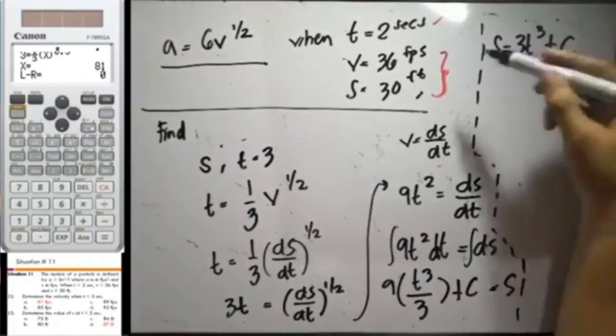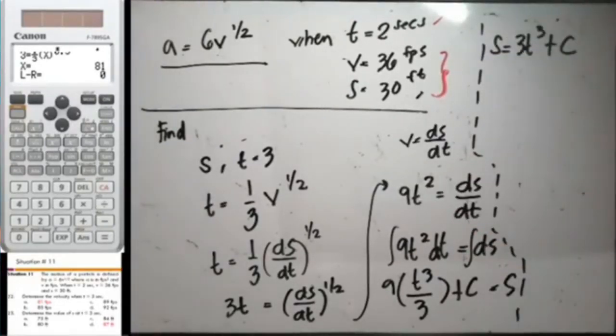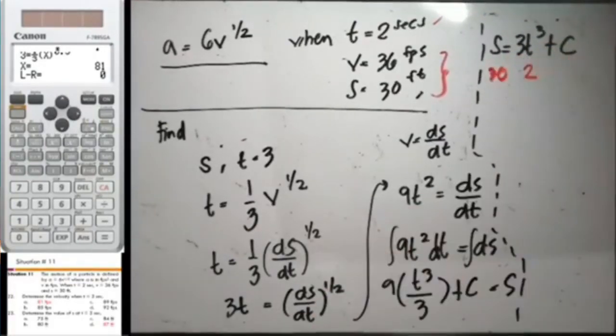Sabi, when t equals 2 seconds, s equals 30 feet. Pindot sa calculate para malaman natin kung ano yung c. So, 30 equals 3 times 2 cubed plus c, ayan, c is 6.